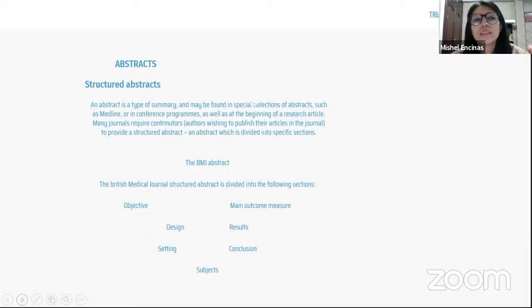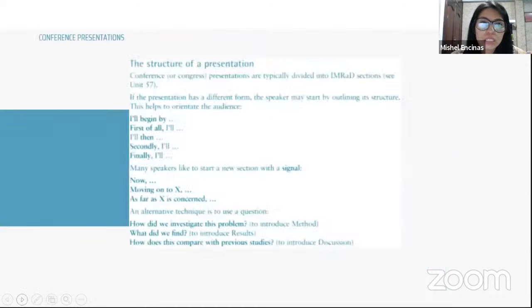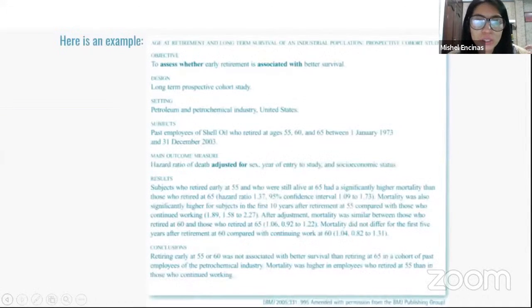To write any research or abstract, you will find some structured abstracts in different cases that will contain these sections or other ones. Did you understand, or do you have any questions here?